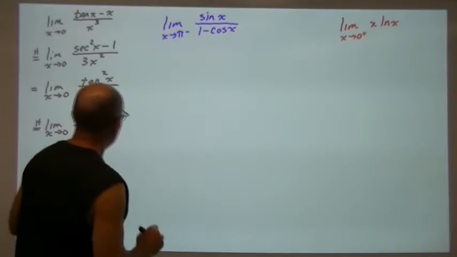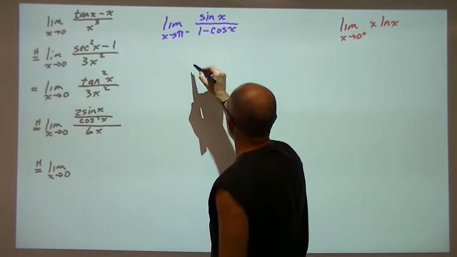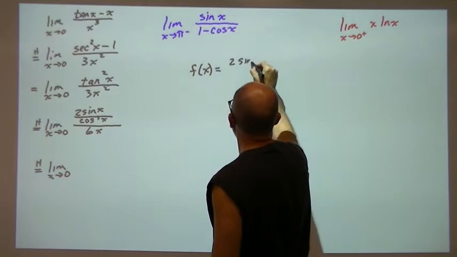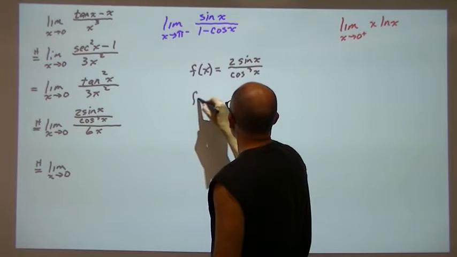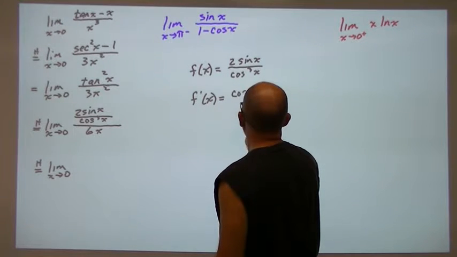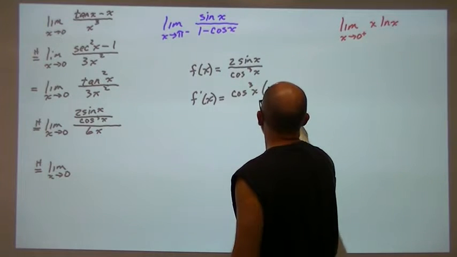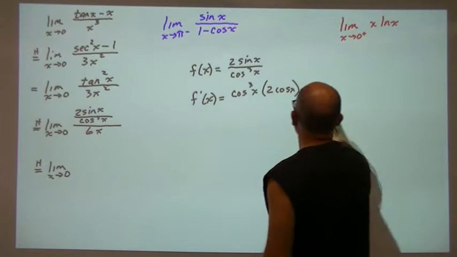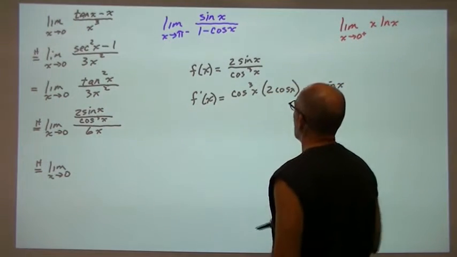Okay, now, we need the derivative of 2 sine x over cosine cubed x. So if f of x equals 2 sine x over cosine cubed x, then that means f prime of x equals low d high minus high d low.